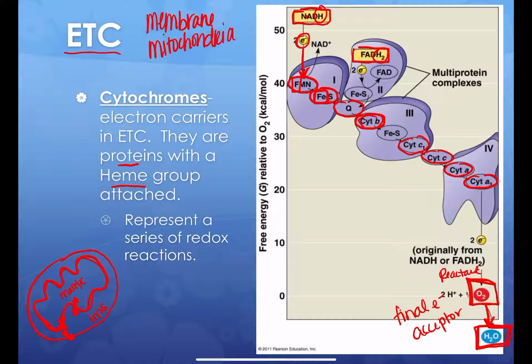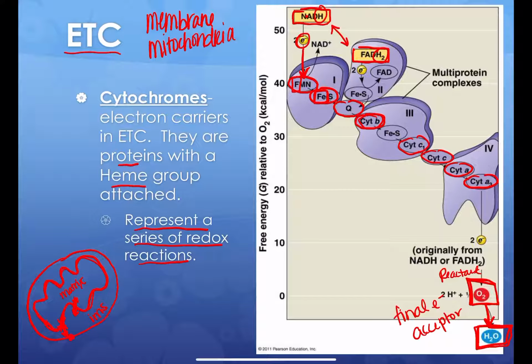One thing I want you to notice in this diagram, we really didn't talk about it actually, but there's a difference between NADH and FADH2, and it's where they drop off their electrons. In this electron transport chain, this represents a series of redox reactions. So again, we've got those oxidation and reduction reactions happening through here.